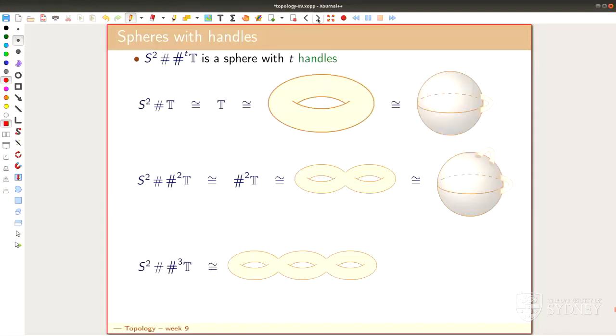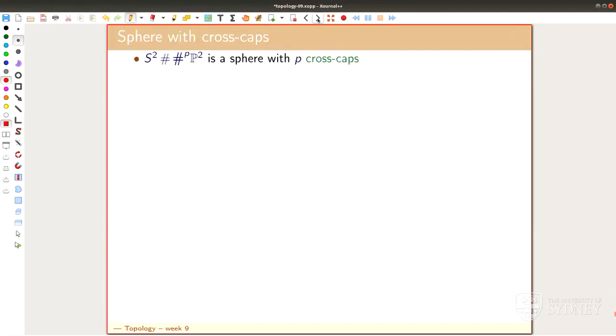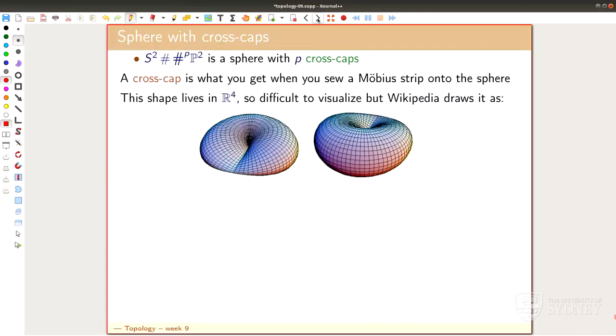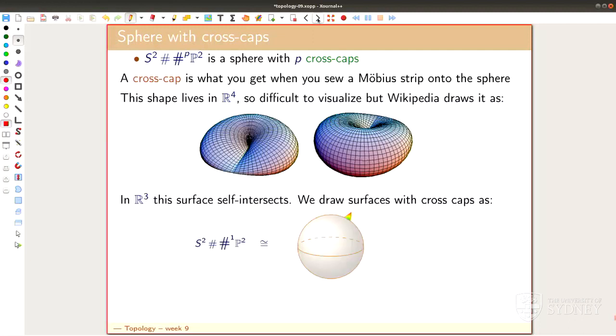I need one more picture because I have 3 prime numbers. And the last one is not really nice to draw. So it's really difficult to imagine. This is a picture of the projective plane in 3 space. It's really a difficult object, so I'm not quite sure how to draw that.